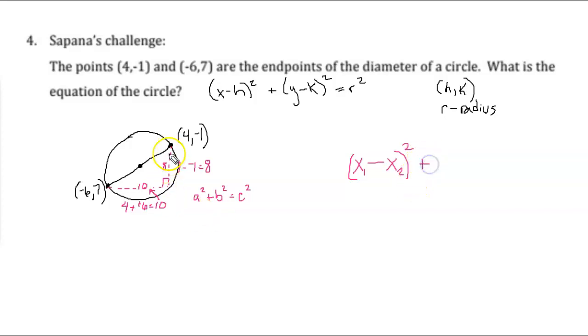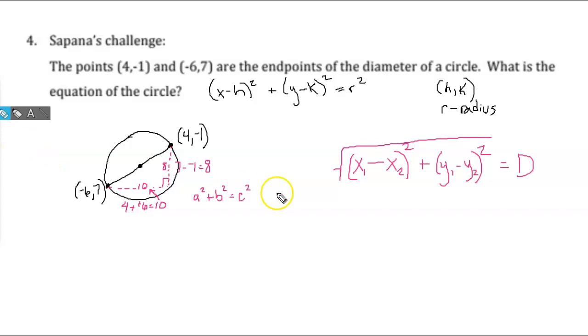And then to find my b, I had to subtract my y's, and that's my b squared, and it's equal to c squared, or in this case, our distance squared. But if I just want the distance, I have to take the square root of both sides to get rid of the square. And so that's how we get the distance formula.